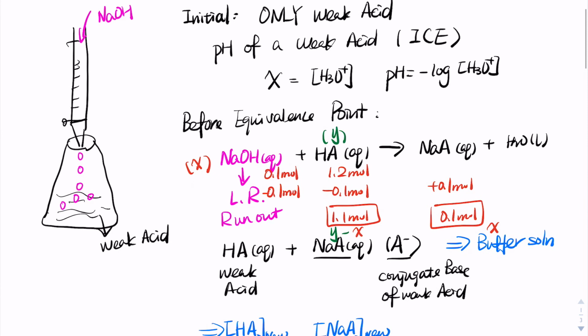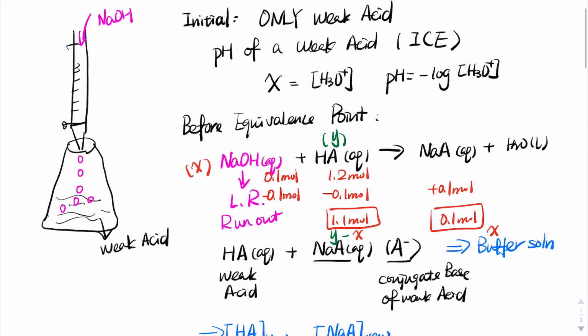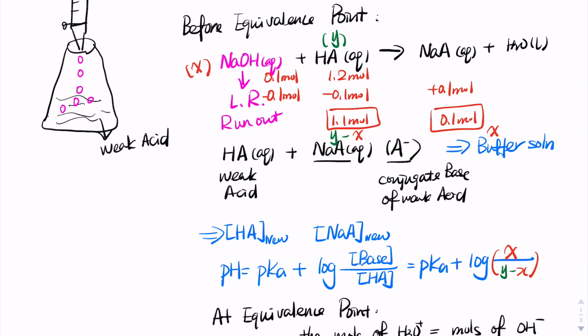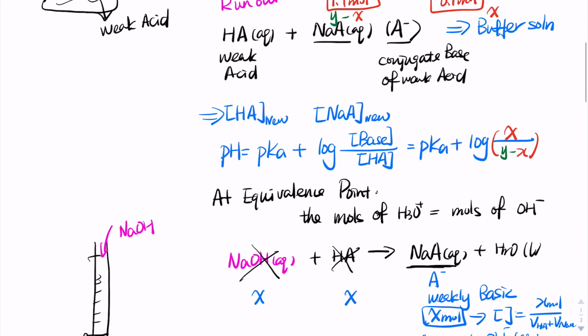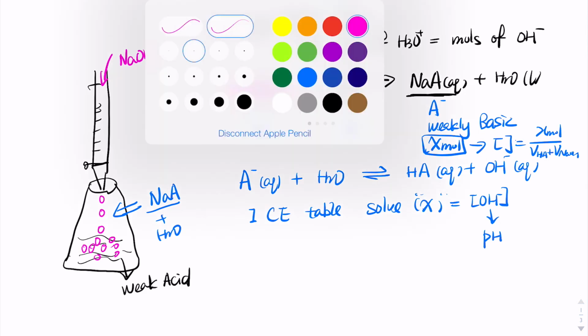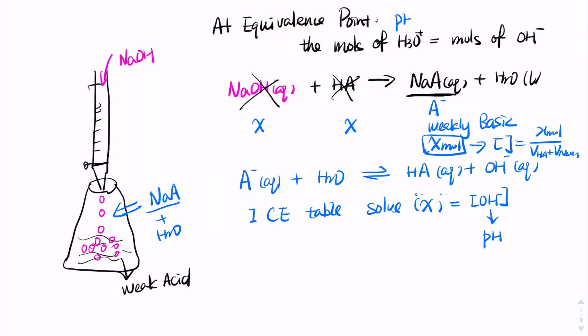Again, it's similar to strong, but you have to realize you have a weak acid, so you have to set up an ICE table to do the initial step. Before equivalence point, you have to do the stoichiometry calculation, then you have a buffer, then you're going to use the Henderson-Hasselbalch equation. At equivalence point, the salt you have is not neutral, so pH doesn't equal 7. pH in this case will be bigger than 7 because you have a weakly basic solution.